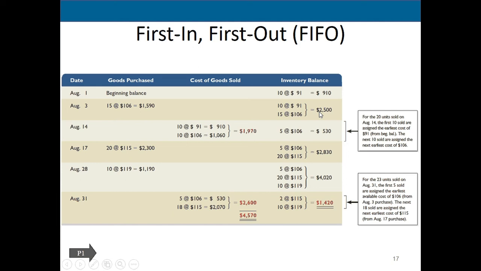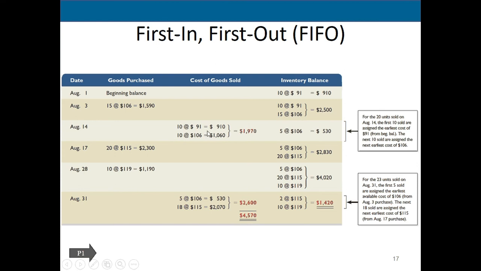That doesn't change. But on August 14th, I sell 20 units. Because I don't know which 20 units were sold, I have to make an assumption that I sold all 10 of my oldest units first, and then the remainder came from this next set.